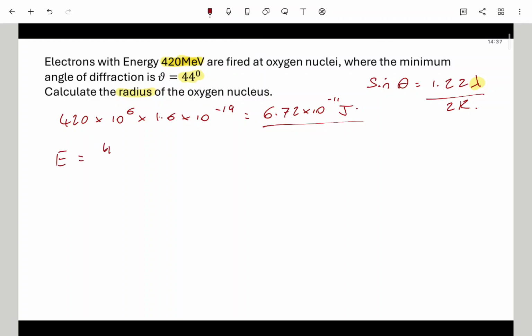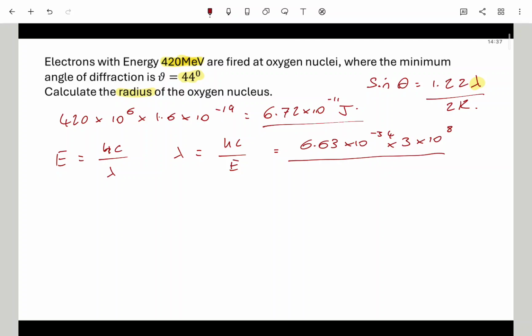So energy is hc over lambda. I'm going to rearrange to get the wavelength of the electrons. So hc divided by the energy, which we just calculated. So 6.63 times 10 to the minus 34, speed of light 3 times 10 to the 8, divided by the energy, 6.72 times 10 to the minus 11. So that gives us a wavelength for the electrons.